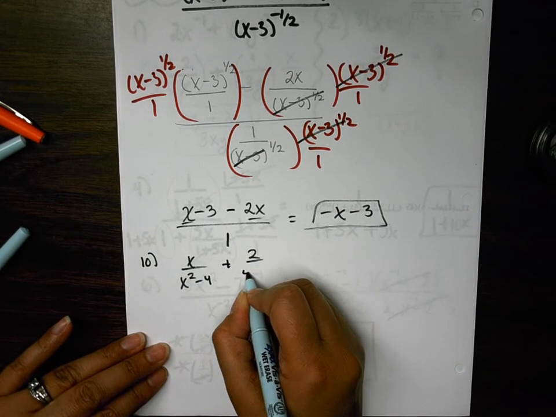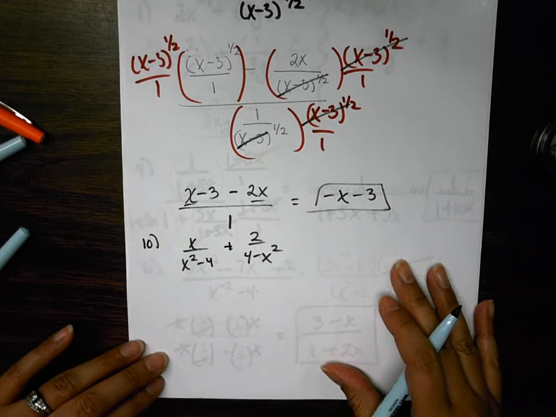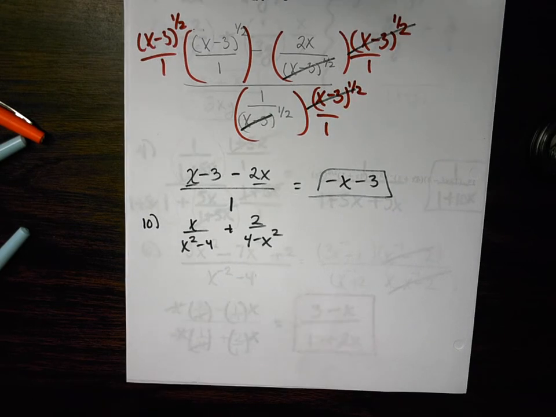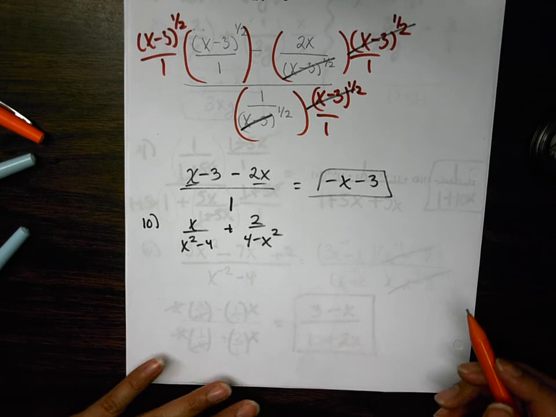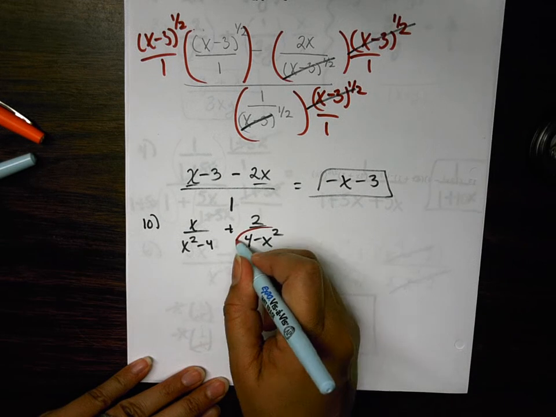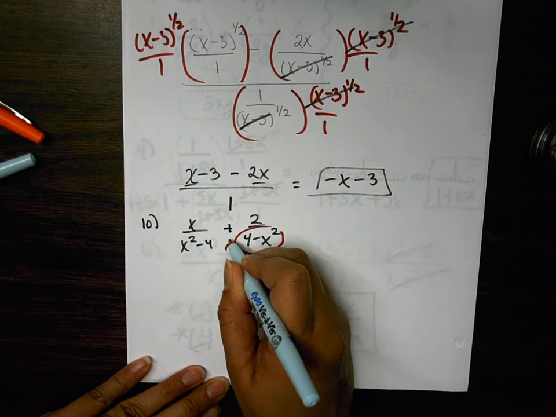X over x squared minus 4 plus 2 over 4 minus x squared. There's no negative exponent, so it's not going to be a complex fraction. So I'm not clearing denominators, but I'm going to pull out a negative from which one?